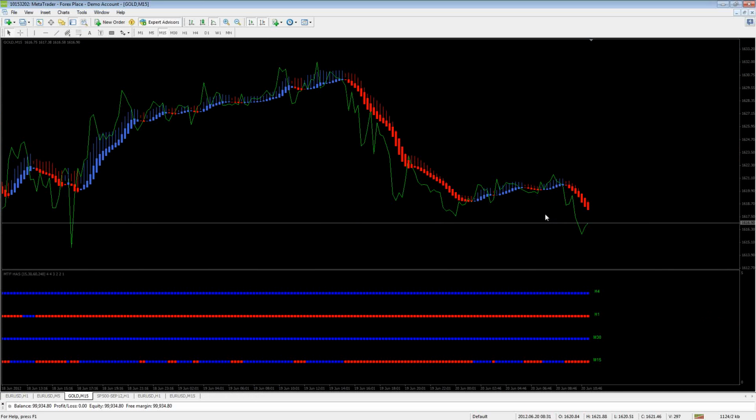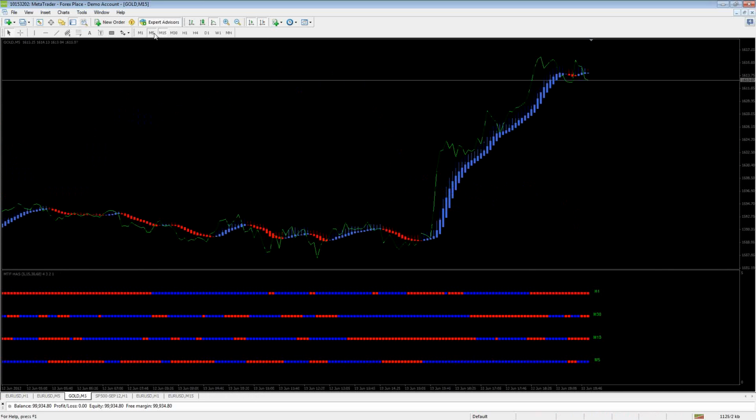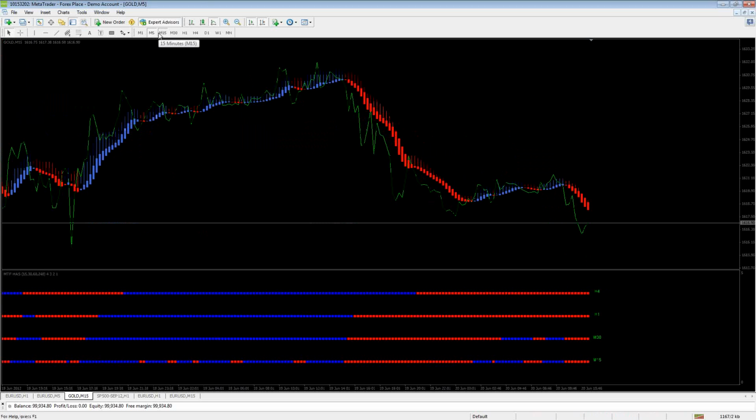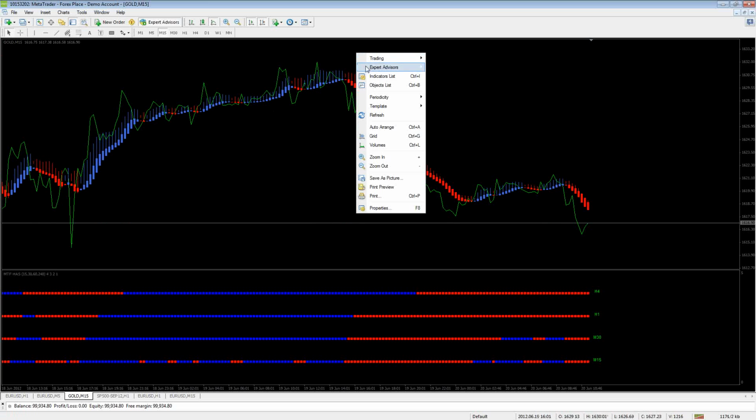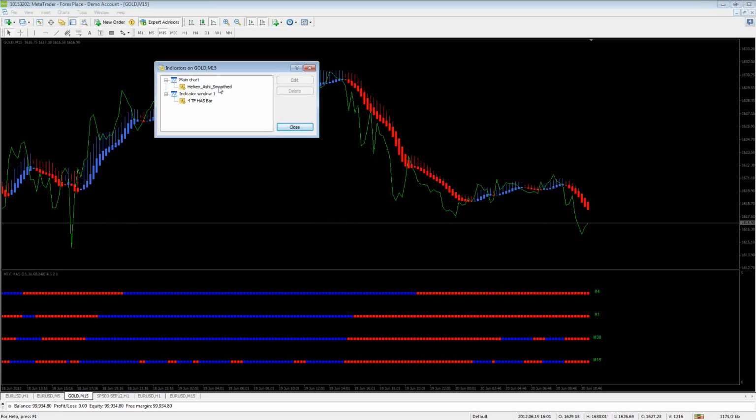You can set it on any time frame, but the 15 minutes is a pretty good time frame. I remind you, it uses the smooth Heikin Ashi. I guess all of you by now know the Heikin Ashi candles.